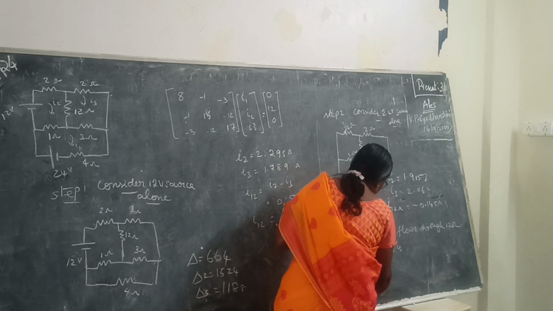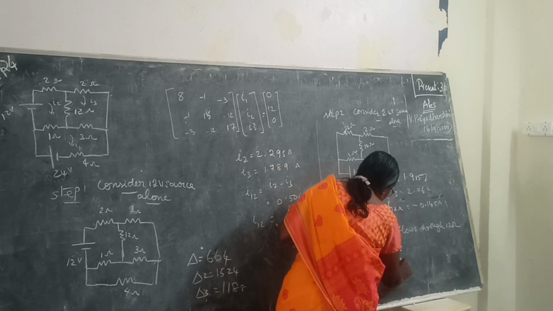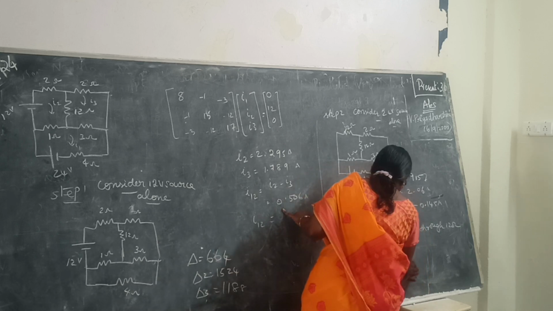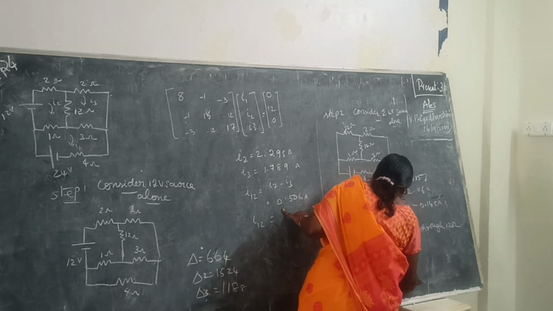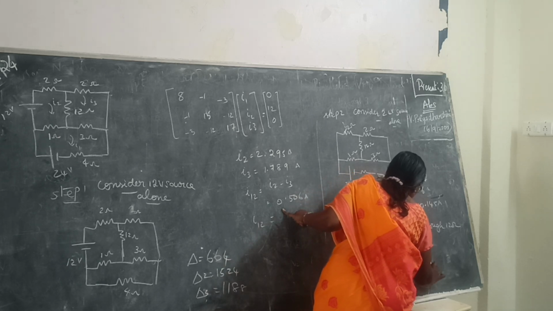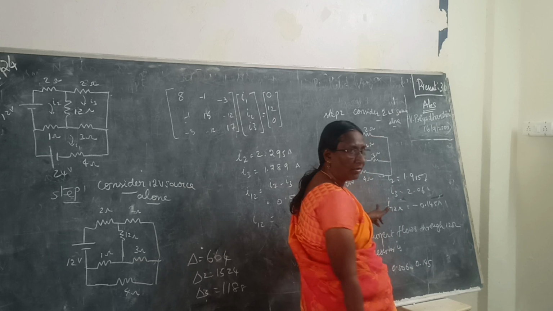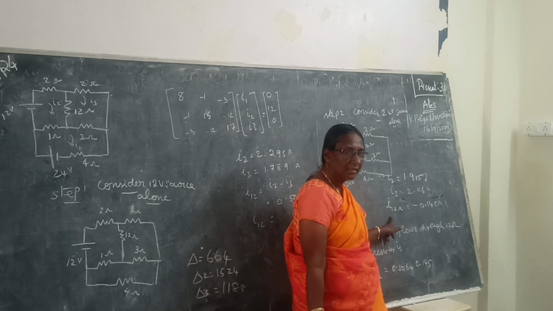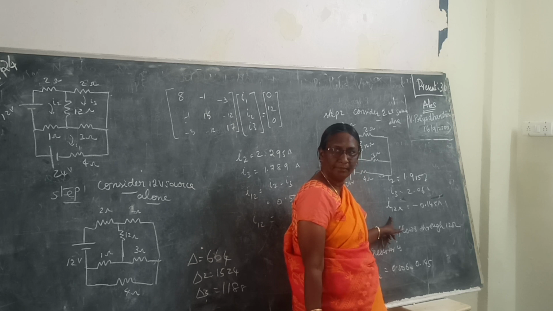So what is the current to the 12 ohm resistor? What is the current from the 24 volt source? 0.506. And here, what is there? Minus point. So whether it is right or wrong? Have you all got this value? Did everyone get the answer?